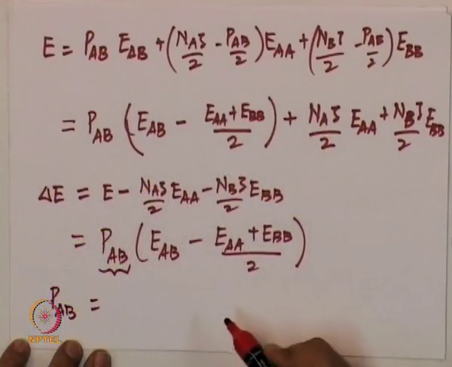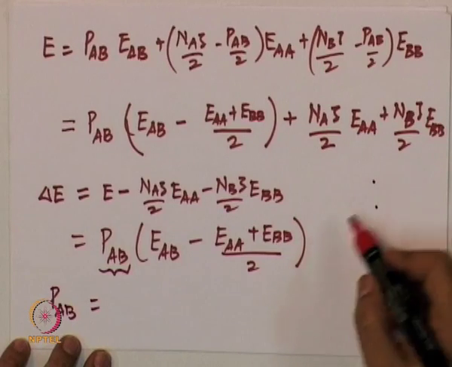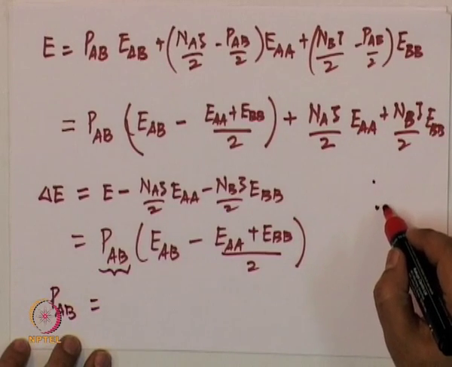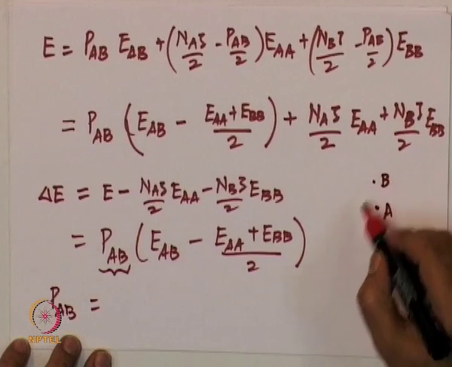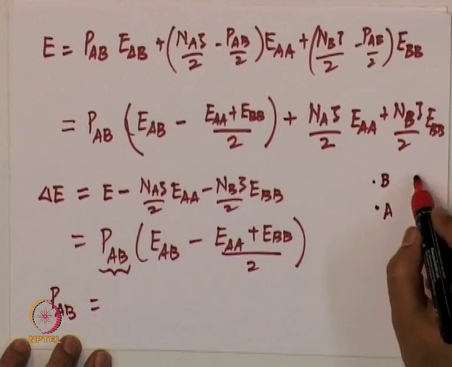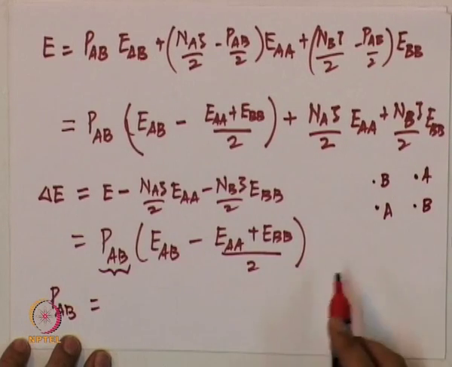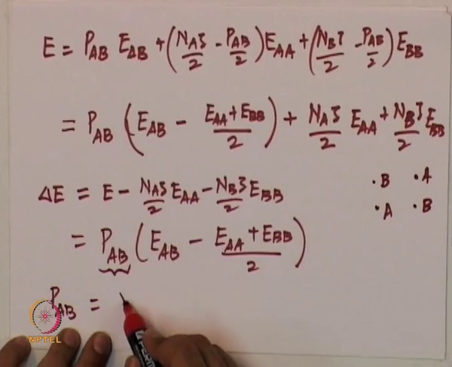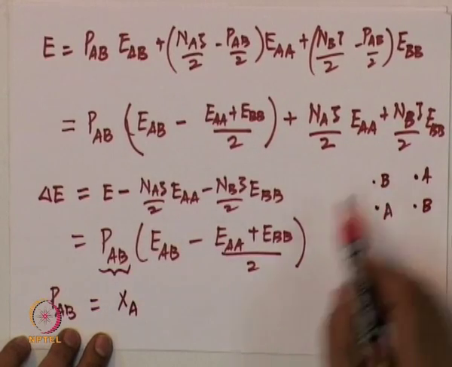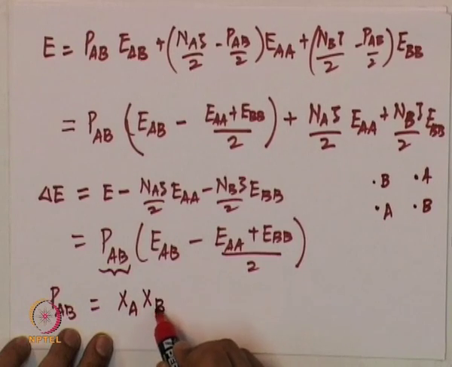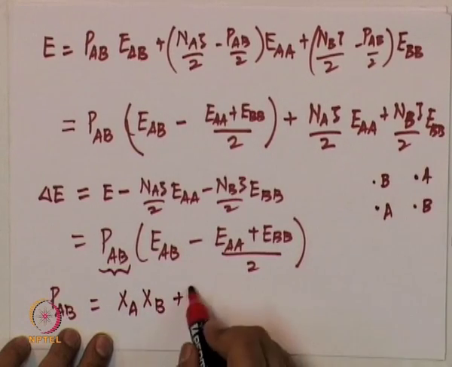So, I take two sites and find the probability that this is A and this is B, which will form an AB bond, or this is A and this is B. What is the probability that this is A? That is given by XA. What is the probability that this is B? That is given by XB.